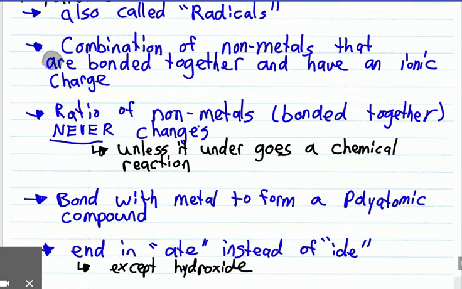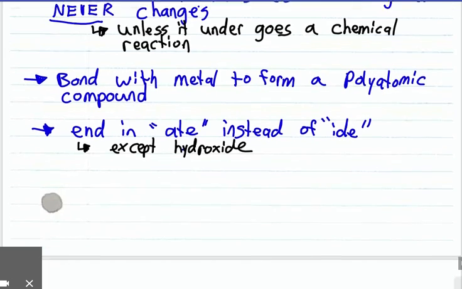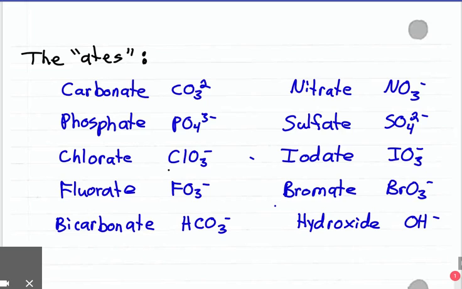Okay, so now that we know some general information about polyatomics, I'm going to introduce you to the polyatomics. So I like to call them the eights. Okay, so these are the eights.